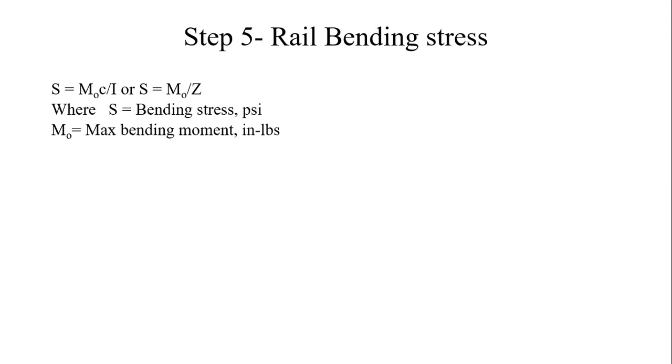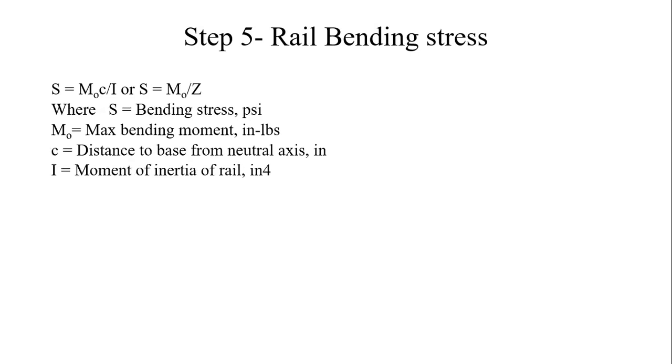Now, once you know that, we calculate the rail bending stress. It is one simple formula. Being a civil engineering student, we have used this formula a thousand times, so I'm just going through it.